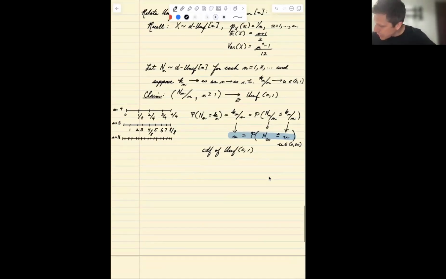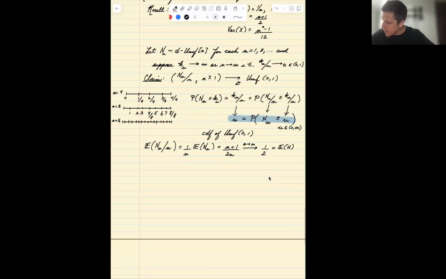We can also show that the expectation of this sequence N sub n over n, well, that's 1 over n times the expectation of N sub n, right? Which is (n plus 1) over 2, so (n plus 1) over 2n, which we know converges to 1/2 as n goes to infinity. And 1/2 is the expectation of the uniform.